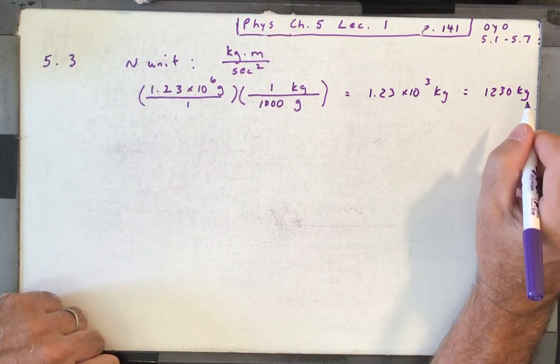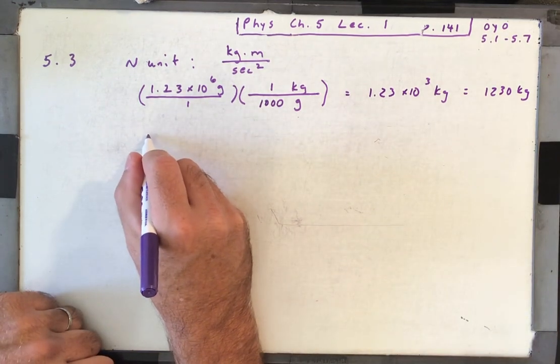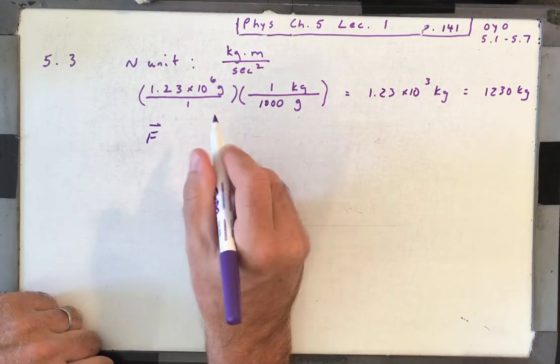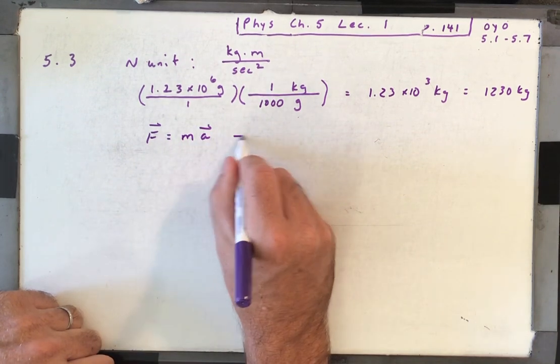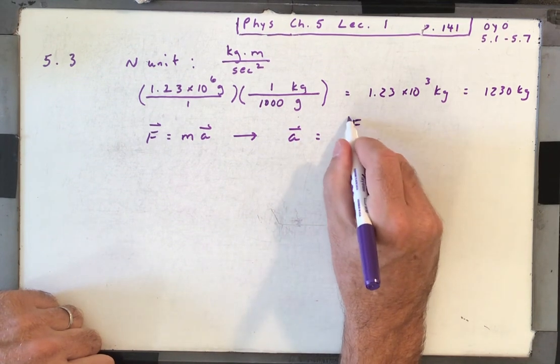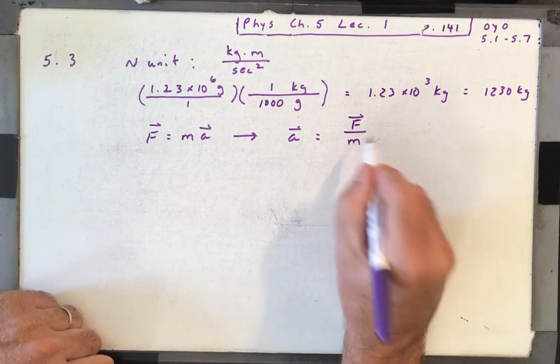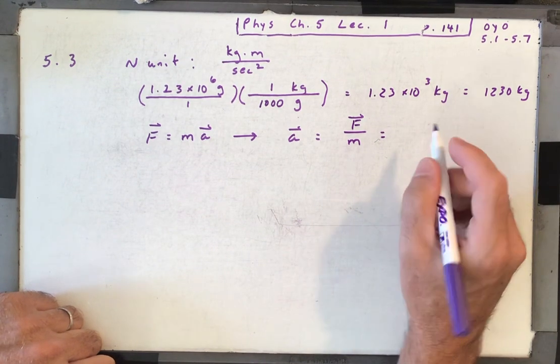All right, so we want to know what's the car's acceleration. Well, we know that force, we just have one force here, so I'm not going to have to sum them up, is equal to mass times acceleration. Therefore, if we solve for acceleration, that's going to be force divided by mass. Our force is 15 newtons.